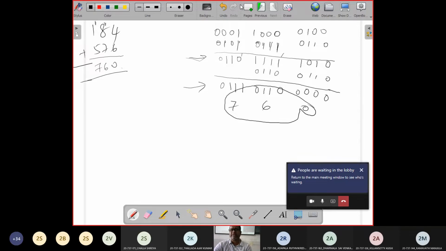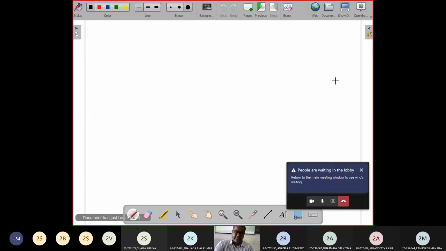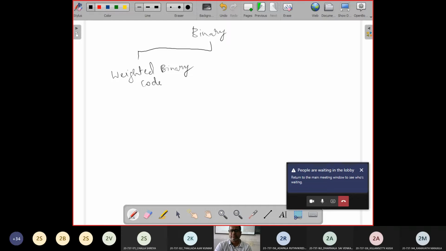Now, once you understand this, going further, we have understood the binary codes. They are actually classified into principally 2 categories: what we refer to as weighted binary codes, and the other one, non-weighted codes.